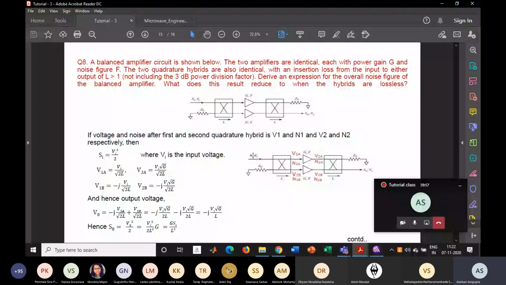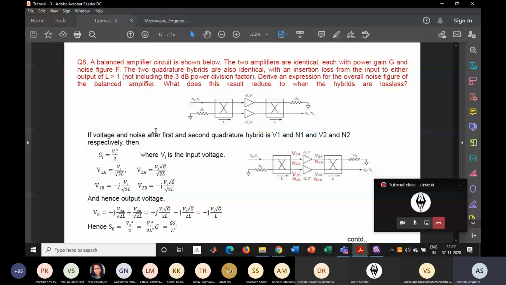Now, what will be the power at the through port and at the coupled port? In voltage terms, it will come out as Vi by root 2L, where L is the insertion loss, which is given.